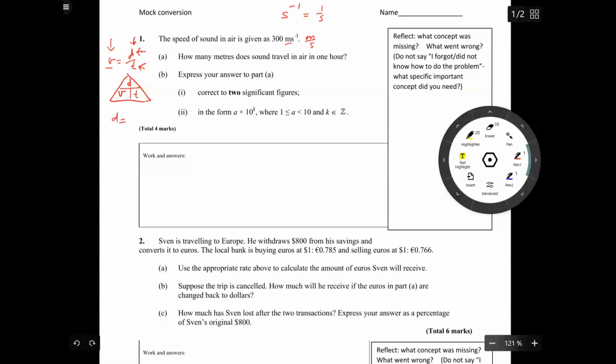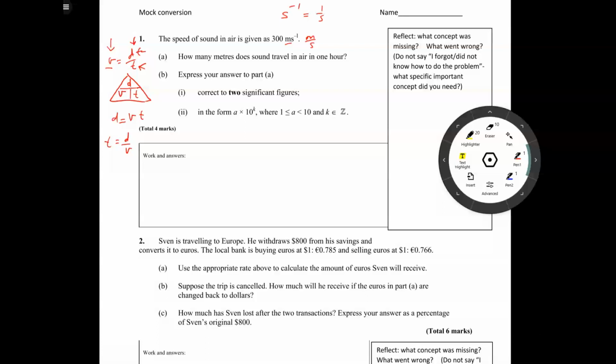The way I do that is I cover up the D, and what is remaining is V and T right next to each other. So D is equal to V times T. What if I want to find out what T is equal to? I cover it up, and I'm left with D divided by V. So T is equal to D divided by V.